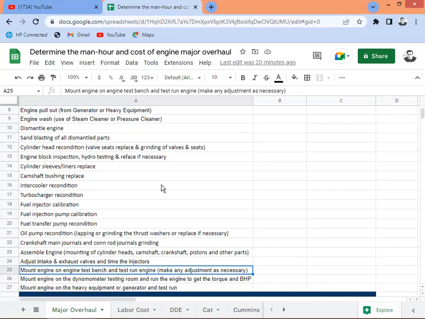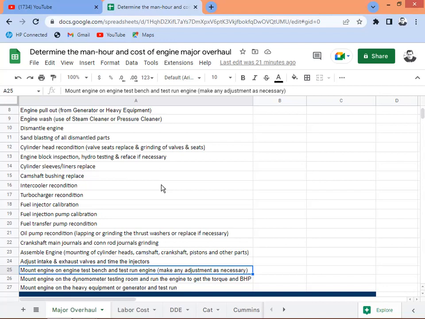They test it in the motor pool first because they want to make sure there will be no problems in terms of adjustment of the valves, and no oil leaking from somewhere. So they want to make sure that it's 100% ready for installation. They test run the engine and make any adjustment as necessary.